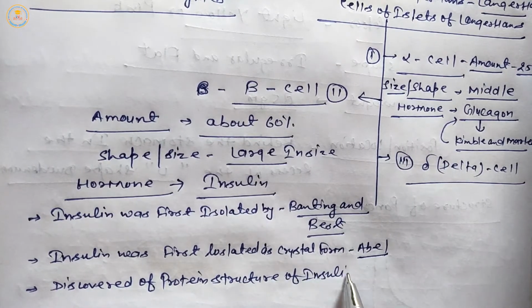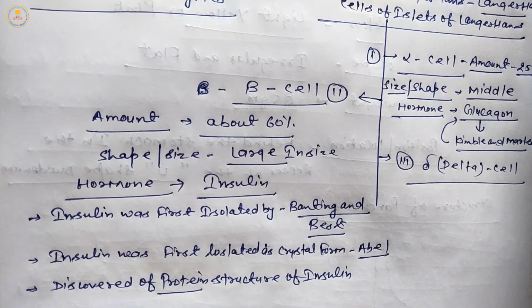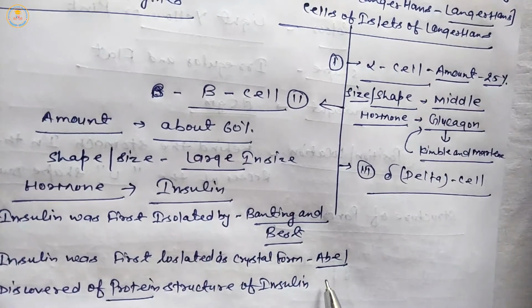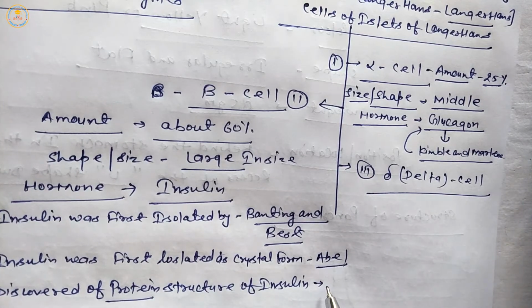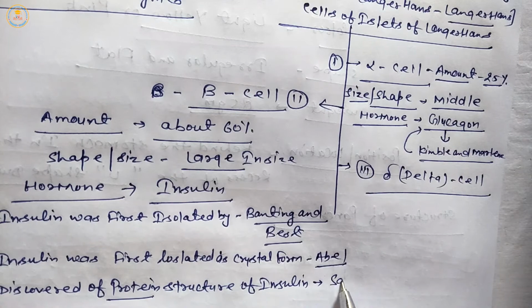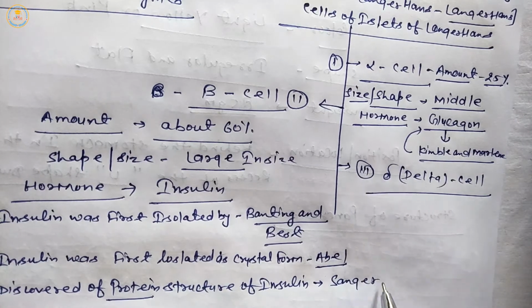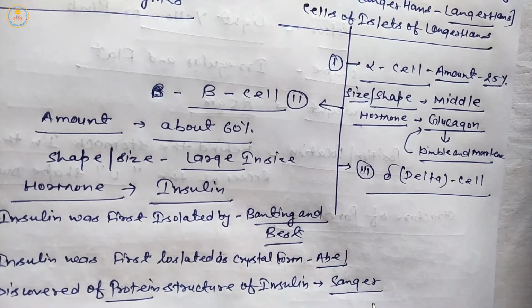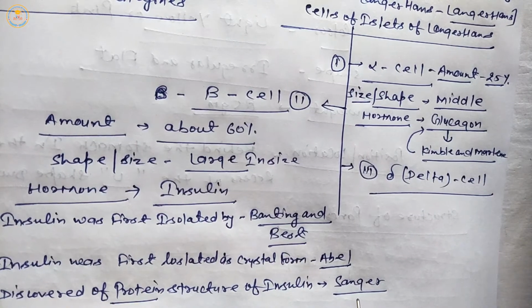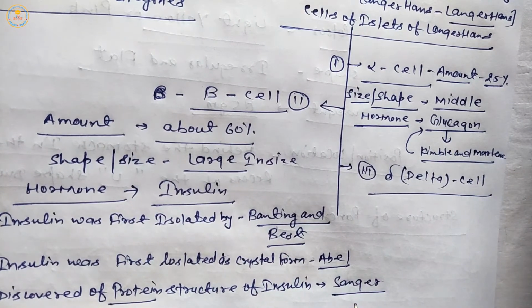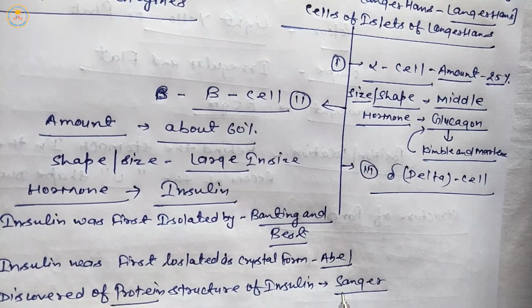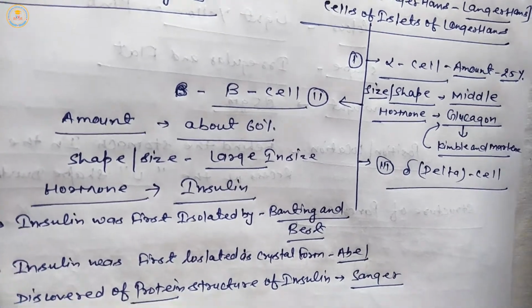Students, insulin is a protein nature hormone. It is a peptide hormone. Its structure was discovered by the scientist Sanger. So Sanger received the Nobel Prize for this discovery.